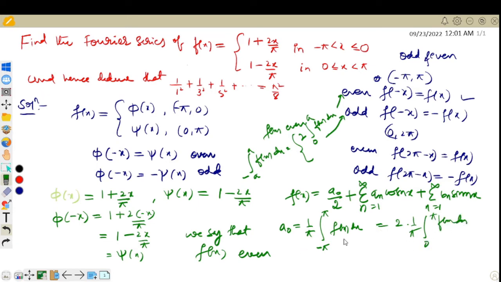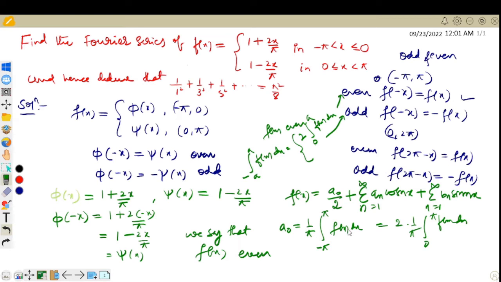But if the function f of x is odd, then a naught becomes 0. That is the powerful use of the definition of odd and even nature.